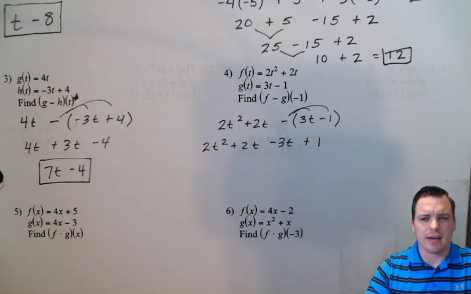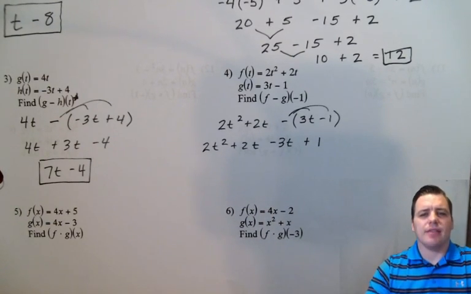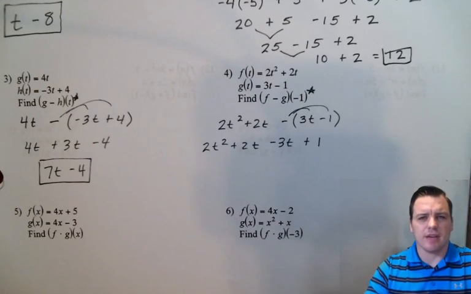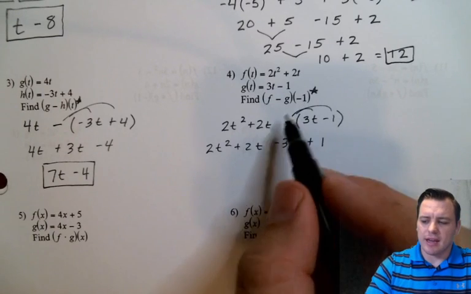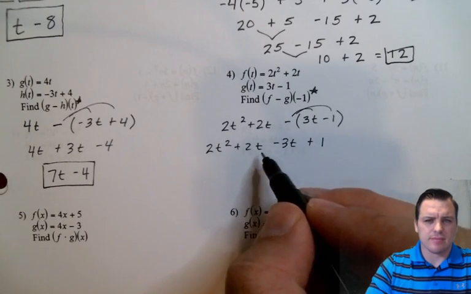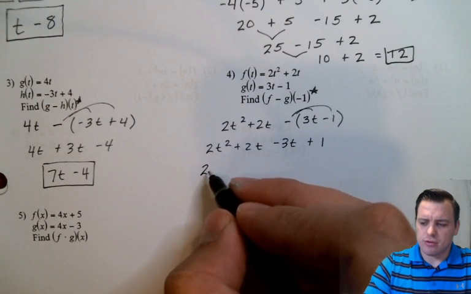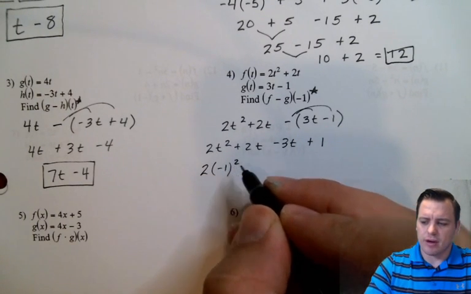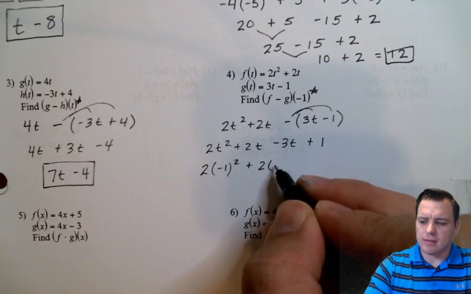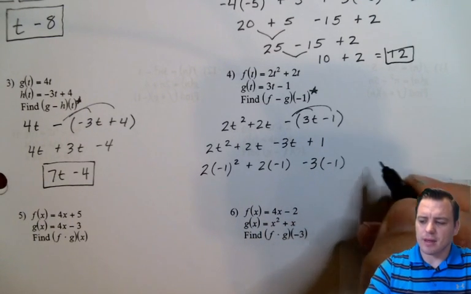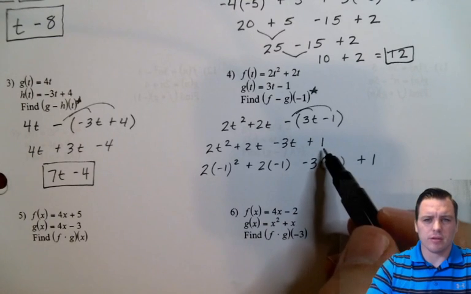It changes their signs. Okay, and then what I need to do from here is take a look at this. I'm solving it in terms of negative 1. So I need to plug a negative 1 into all the t's here. So 2 times negative 1 squared plus 2 times negative 1 minus 3 times negative 1, and then plus the 1 right there. That 1's coming from here.